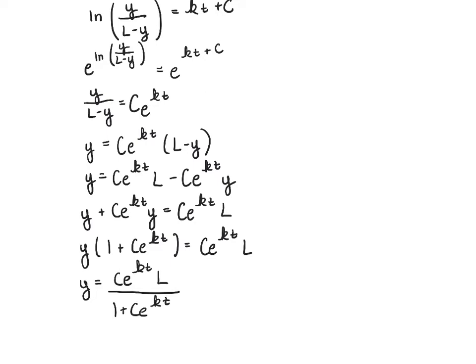All right, now technically at this point we have solved for y, and that's wonderful. But this ultimately is not the format that we're going to leave it in. We want to clean this up a little bit because, first of all, I have the CE to the KT in two places. It's just not pretty enough yet. I hate to say it. I don't want to hold equations to unrealistic beauty standards, but we're kind of all about that in math.